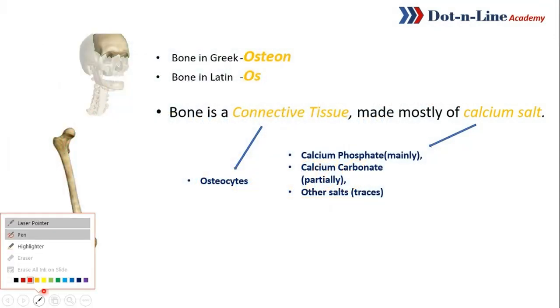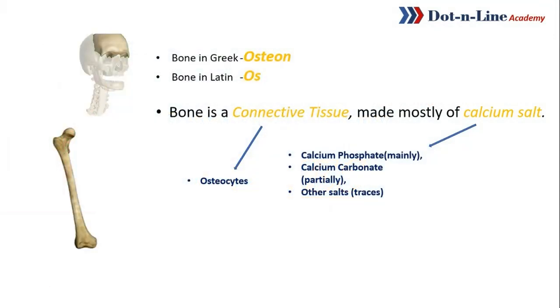So yes, before telling you anything, let me tell you what we call bone in medical biology. We call bone osteon, because it is derived from the Greek word for bone. In Greek we call bone osteon and in Latin we call it os, but we usually use osteon in medical terms.